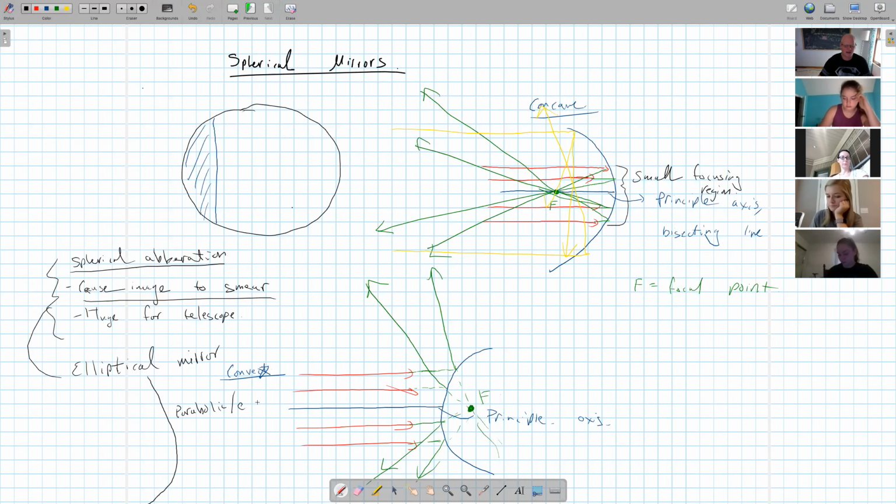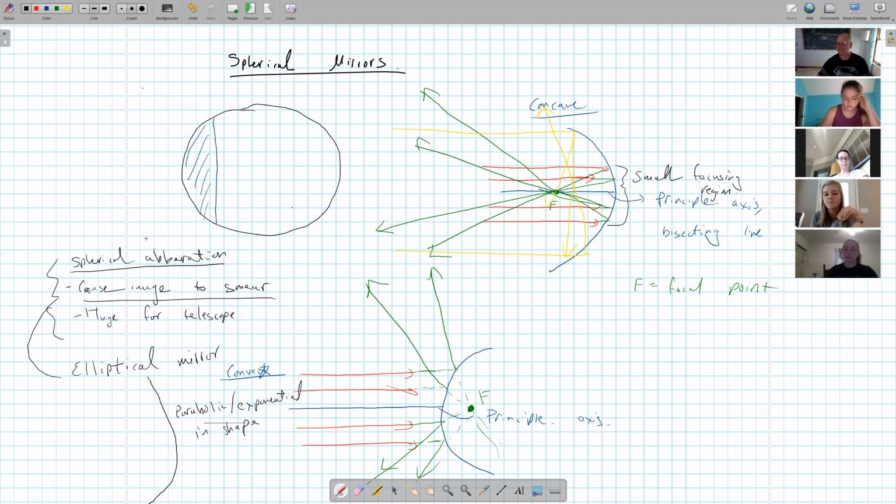Because of the shape, the rays out here are still going to be reflected through the focal point. So you're not going to get the smearing, that fattening out and blurring of the image. Now, the problem with elliptical mirrors is that they're so much more expensive than spherical mirrors.